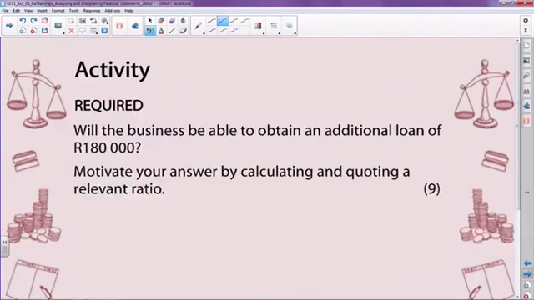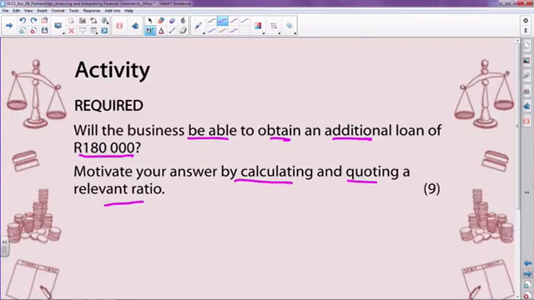Okay, the second question, a very important one, and I want you guys to listen very carefully, and if there's anything that you don't understand, please remember you can always ask your teacher. Will the business be able to obtain an additional loan of 180,000? Motivate your answer by calculating and quoting a relevant ratio.